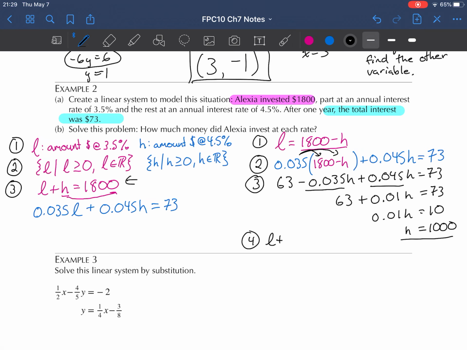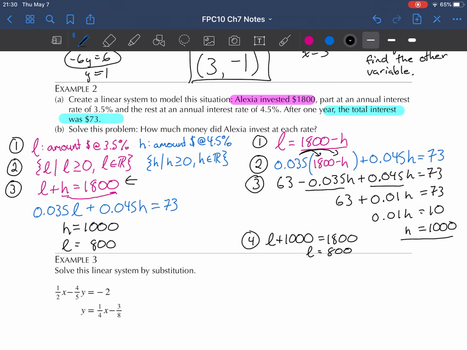We get L plus 1,000 equals 1,800, and so L will equal 800. So for our answer, H, the amount that she invests into the high interest account, is 1,000, and L is equal to 800. That's the amount that she invests into the low account.